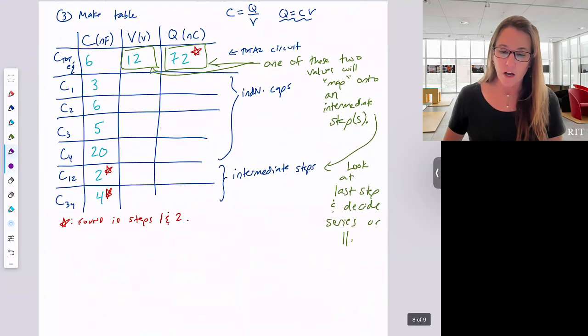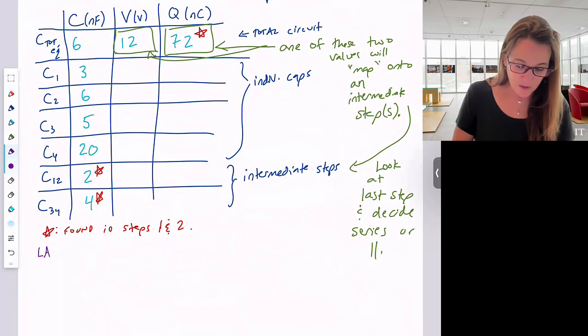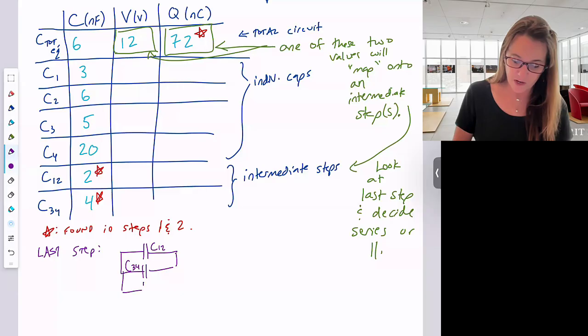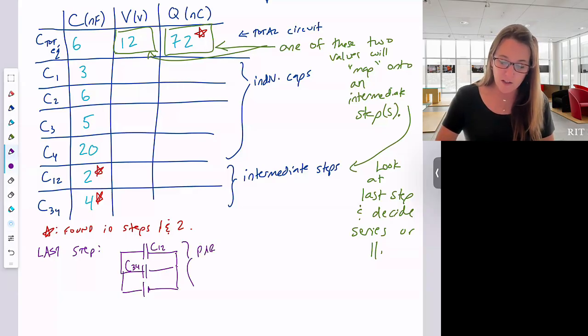So I'll say over here that the last step was going to be C12 in parallel with C34 and the battery. Remember that because it's in parallel, the delta V is the same.